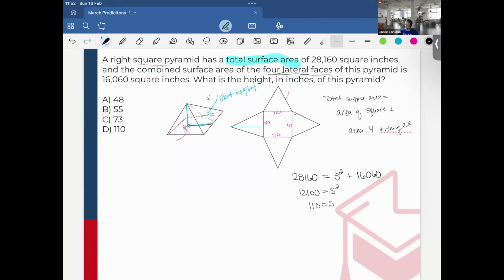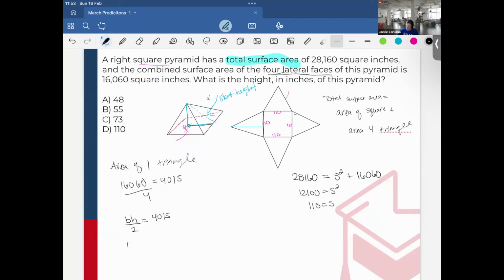Since I know the area of the four triangles, the area of one triangle would be 16,060 divided by 4, which is 4,015. So base times height divided by 2 is equal to 4,015.